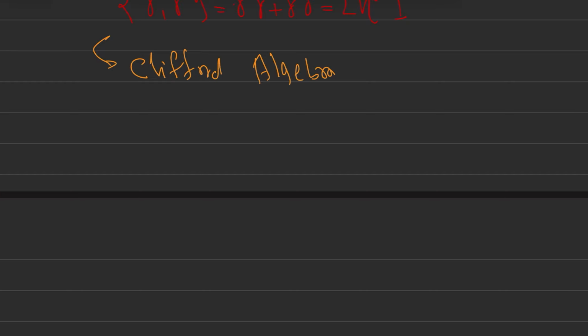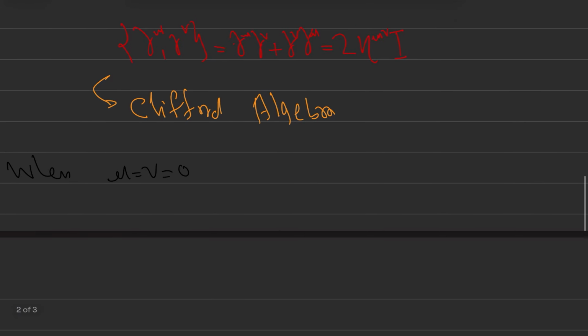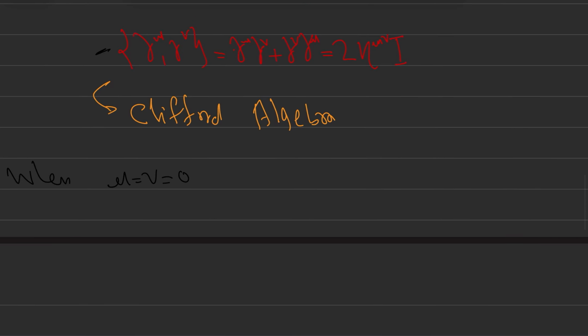Okay, so let's see what happens to the algebra when mu and nu are equal and both are 0. When mu and nu are equal, this is your algebra.